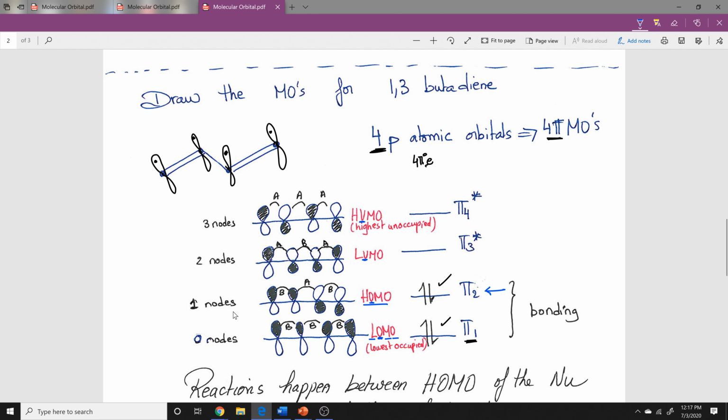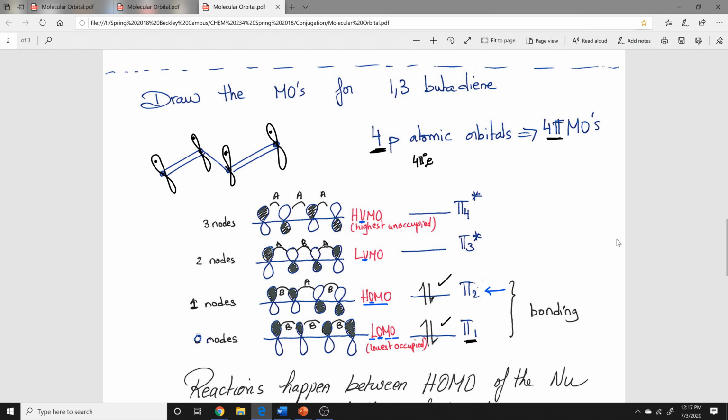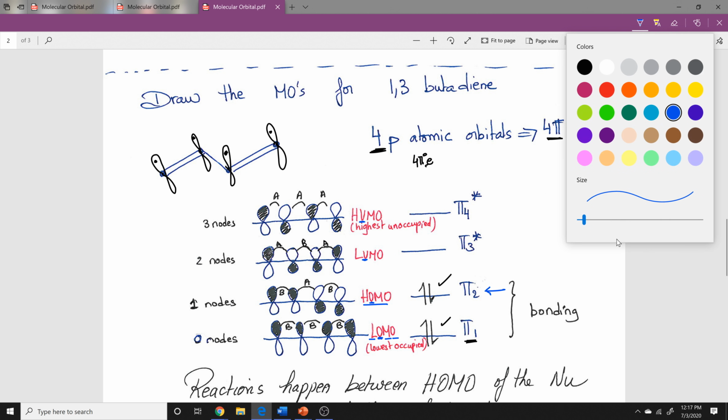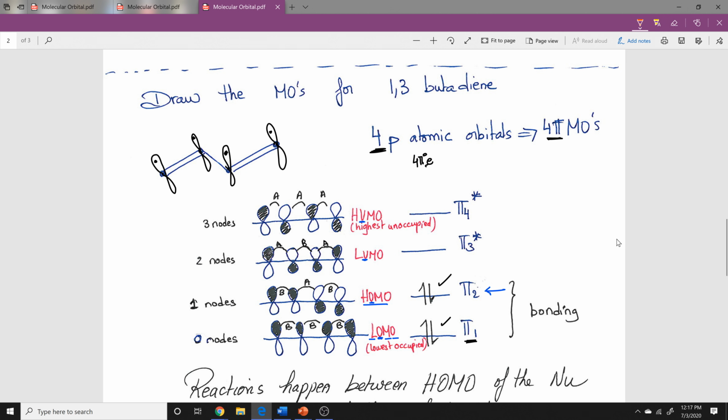The node is the possibility of not finding an electron, and it is here, between these two p orbitals. So we're starting with 0 nodes for the lowest occupied molecular orbital, and this is always going to happen. You're going to start with 0 nodes, and as you increase in energy, the number of nodes is going to increase from 0, 1, 2, etc.